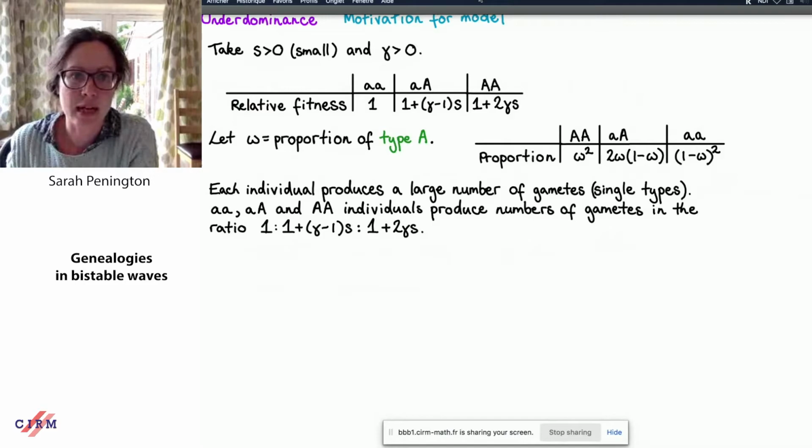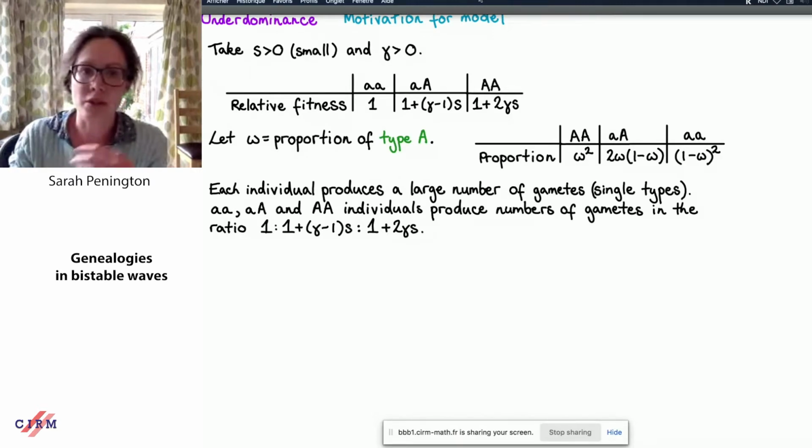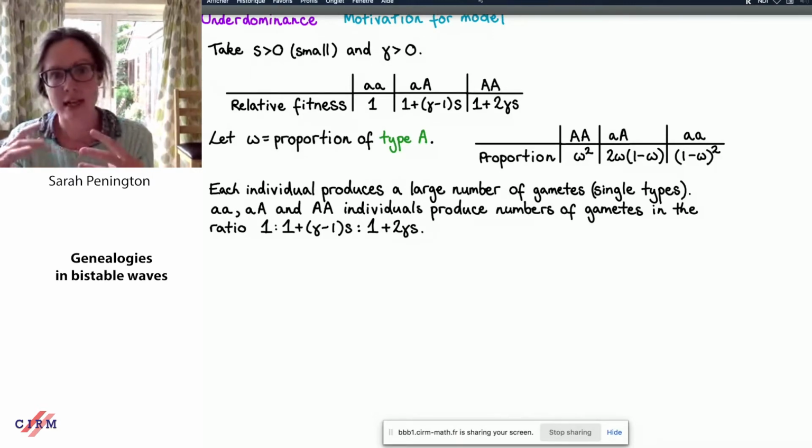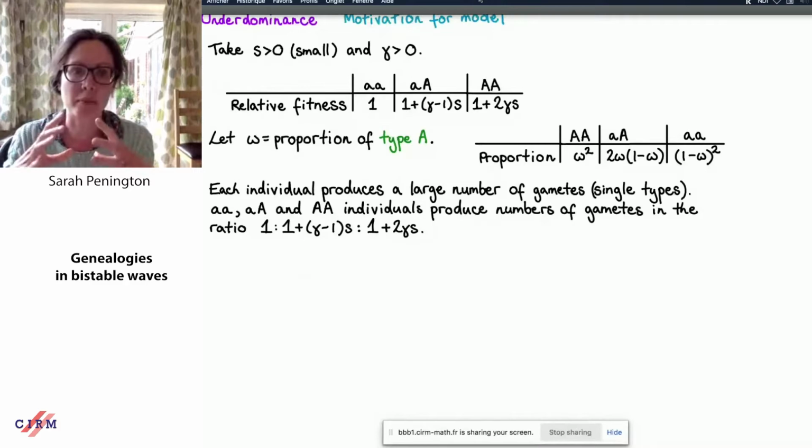So at the top of the slide, I'm just reminding you of the relative fitnesses of individuals in the population. Now on this slide, for now, I want us to ignore spatial structure and just think of the whole population as being in 1 place.